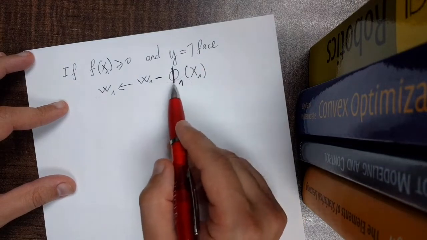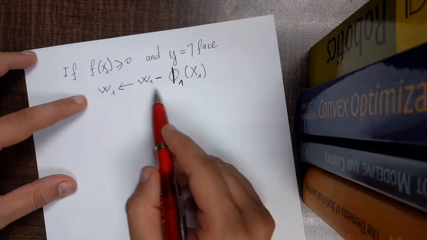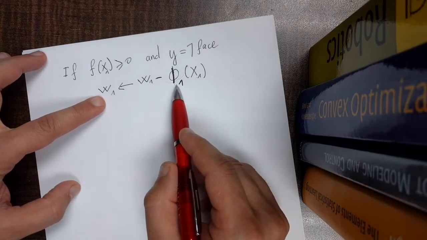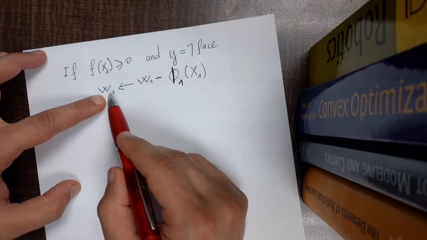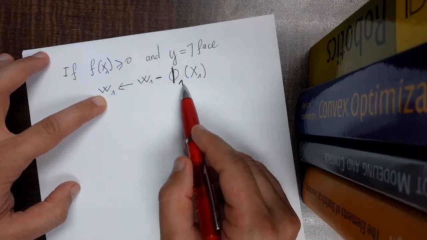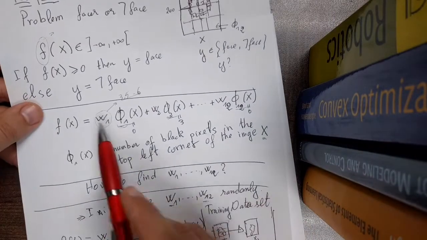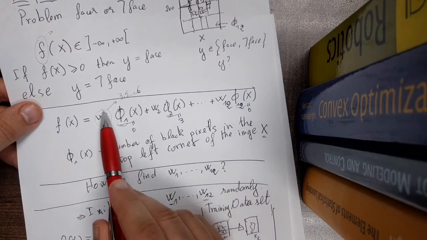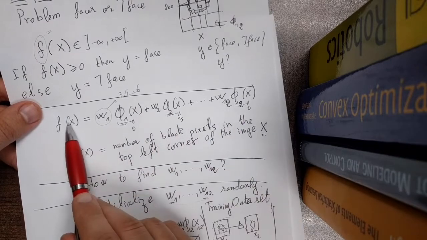It has a lot of features, as we said, feature 1, feature 2, feature 3, etc. But W1 is only concerned with feature 1. It has no business with feature 2 or feature 3 or anything else. So W1 is the weight that is always multiplied by phi1, right? If you see in the prediction here, W1 is always multiplied by phi1, and then W2 by phi2, and then when you add them, you get the score.